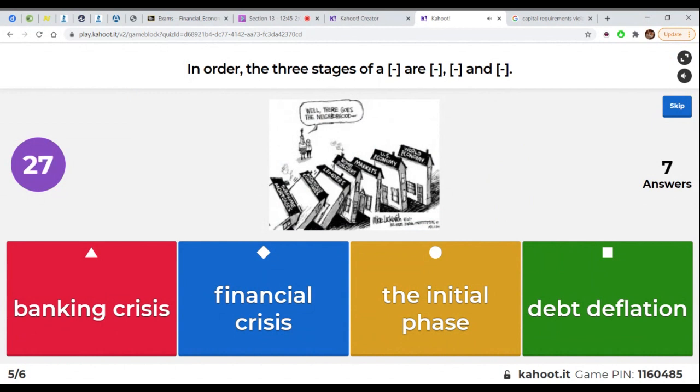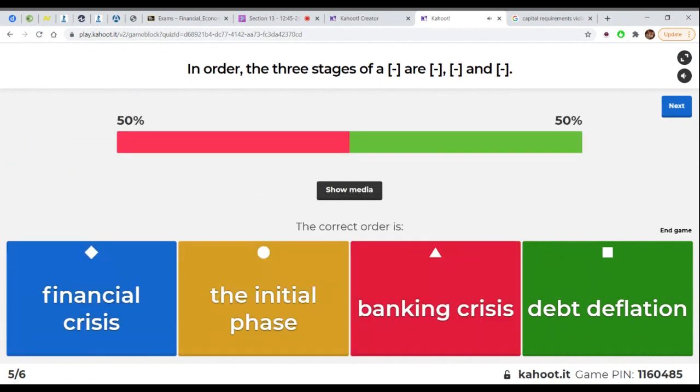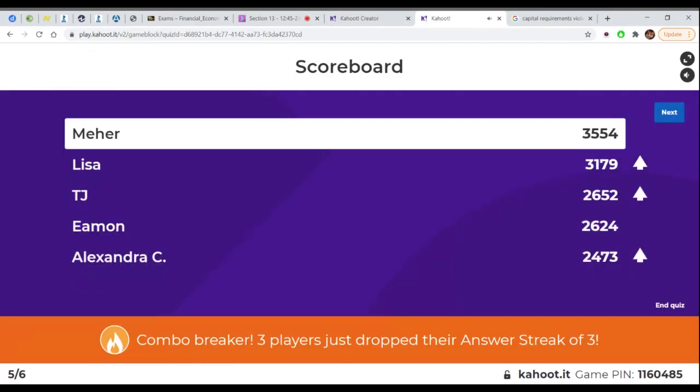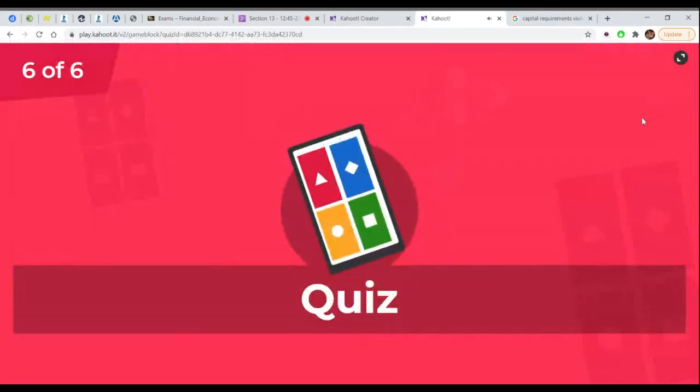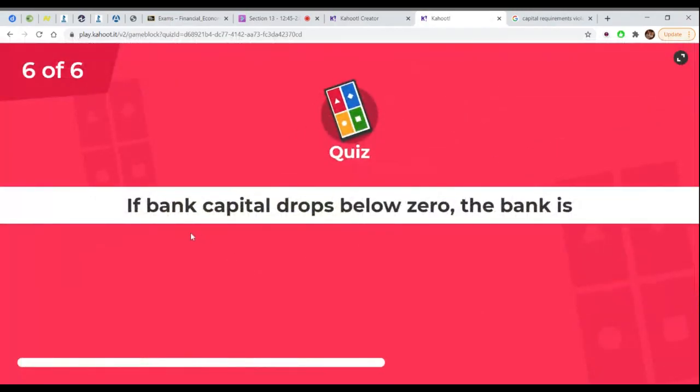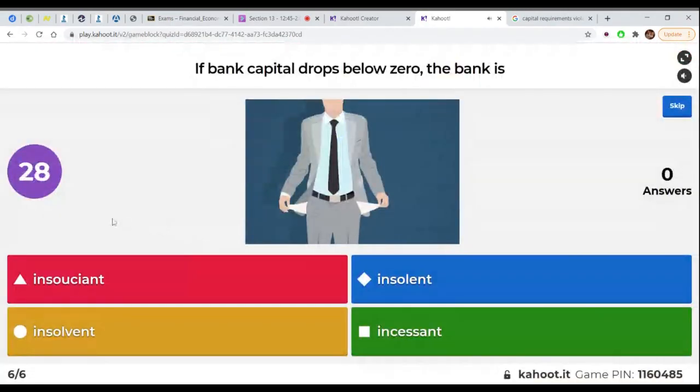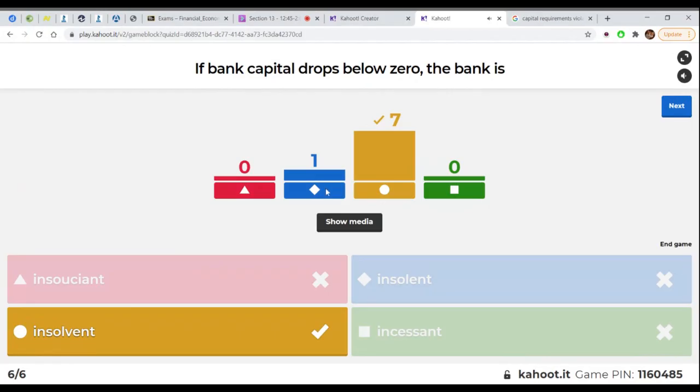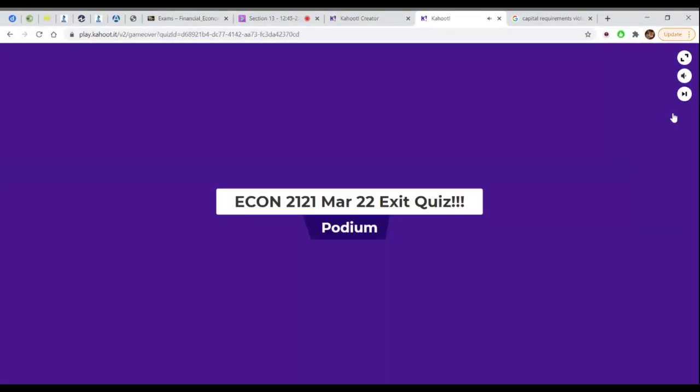One person is thinking very carefully through this. All right. Meher is still ahead. Last question. If bank capital drops below 0, the bank is what? Read carefully. Insolvent. Okay. Very good. Almost everyone got that right.